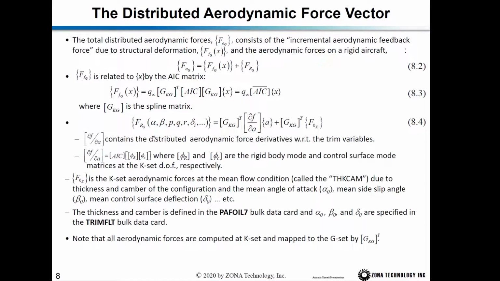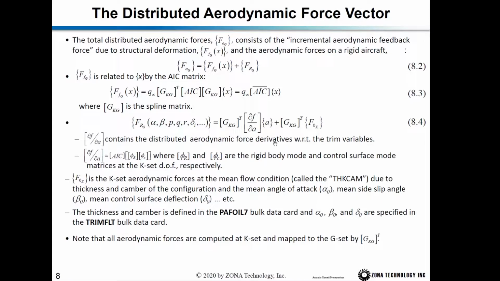And for the forces on the rigid aircraft, we can do a Taylor expansion about this mean flow condition, and then add partial F partial A times A, where partial F partial A contains the distributed aerodynamic force derivatives with respect to the trim variable.